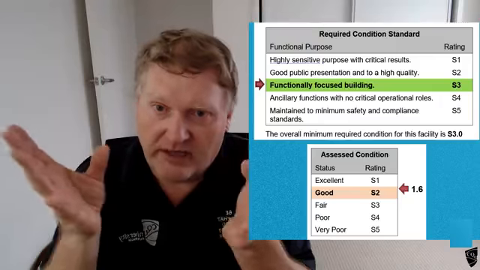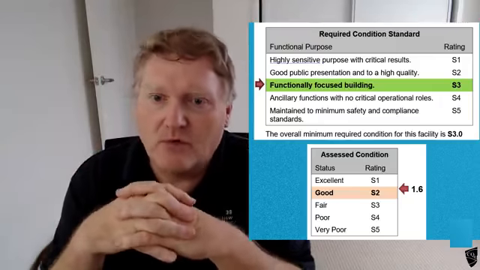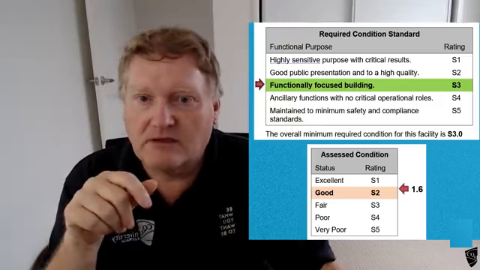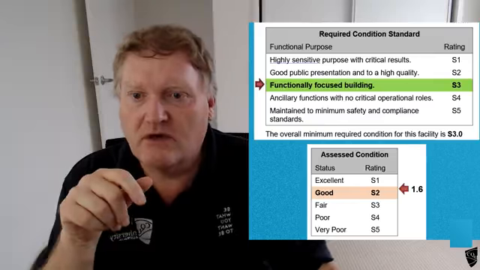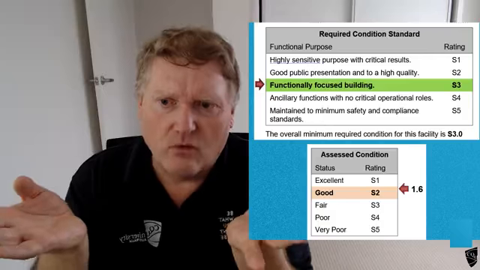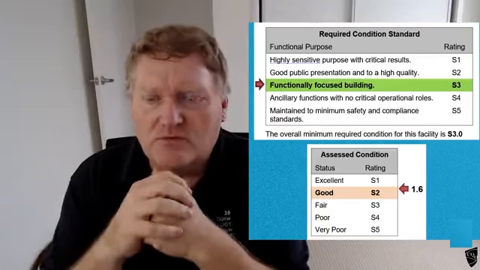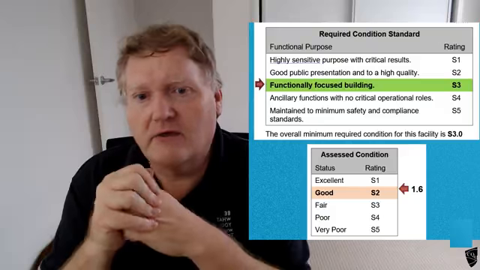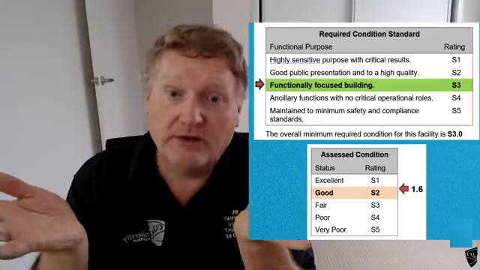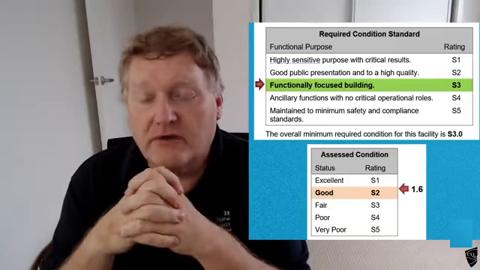The example I've got here is a council-owned swimming pool. They decided that a swimming pool that the public are using all the time is a functionally focused building, which is the majority of ordinary buildings, to be honest, which their notation is an S3, and that's quite a common notation to use for an S3.